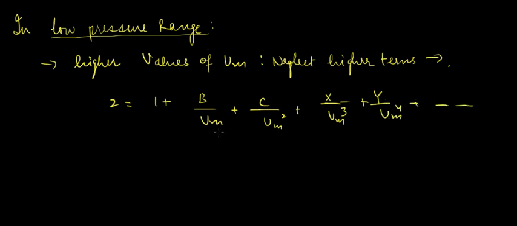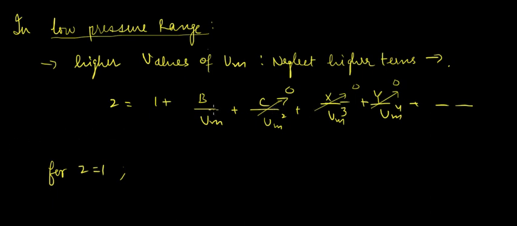Okay, so for Z equals to 1, we already know that. Before coming to this, for higher values of Vm, you can neglect these terms, because these terms would already be negligible. As Vm square and Vm cube come into the picture, you would get more and more negligible values.